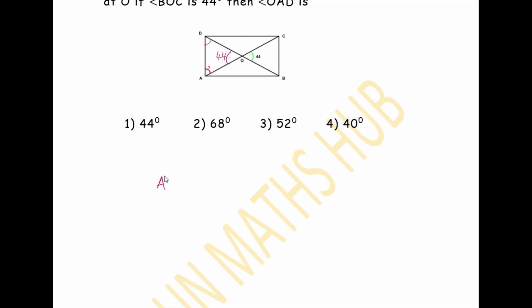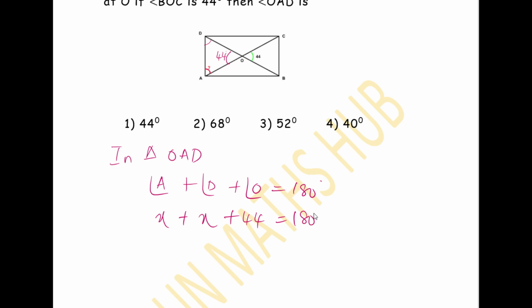Now in triangle OAD, angle A plus angle D plus angle O equals 180 degree. What is angle A? Consider it as X. Angle D is X plus angle O is 44 degree, which is equal to 180 degree.